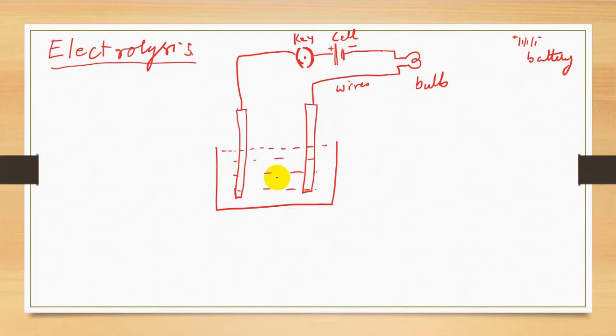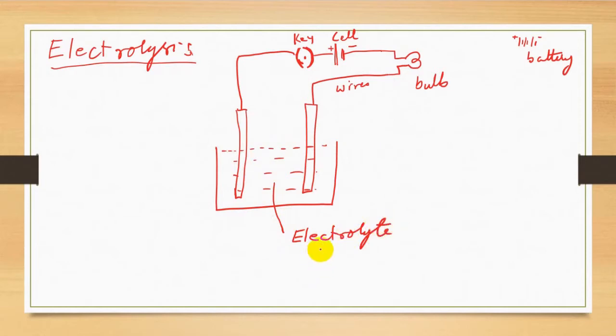So here, whether the liquid conducts electricity or not, to find it out, we are just using a bulb. If the bulb glows, it conducts electricity, and the liquid will be called an electrolyte in that case.